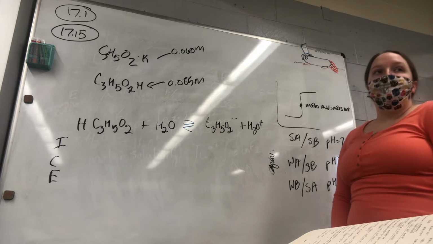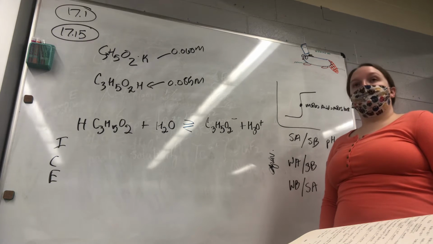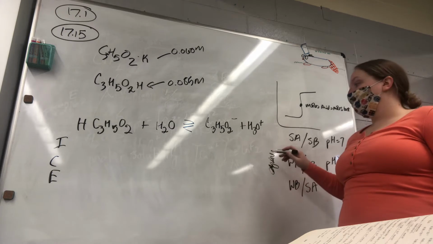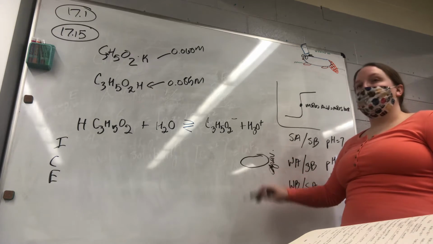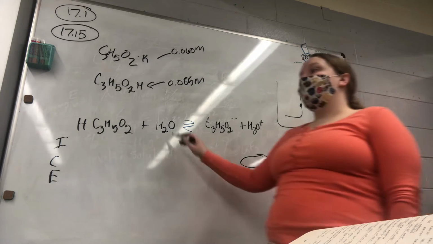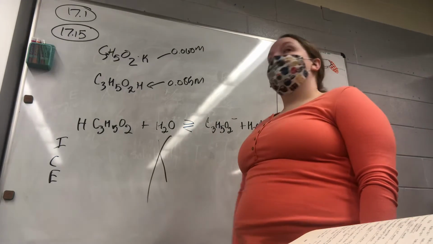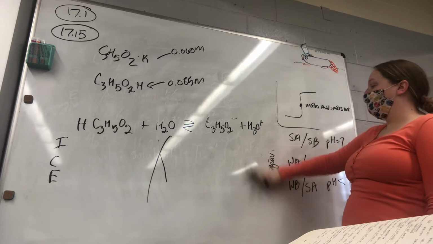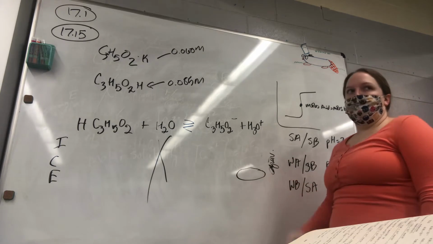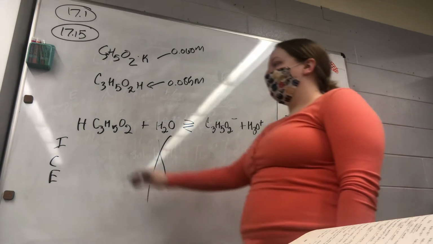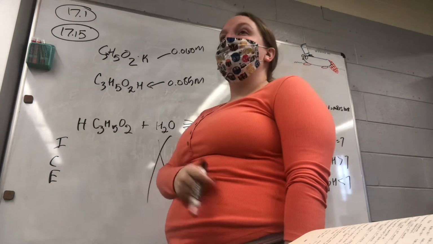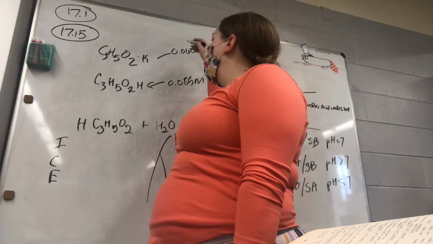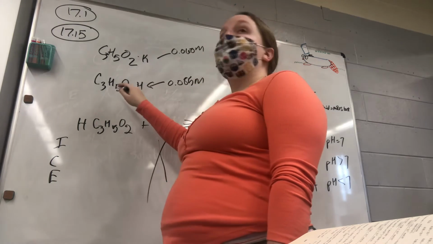In order to do pH with this, what do we need? Of all these four things, what do we need? I need this guy, right? Does this one matter? Nope. Equilibrium. Sorry, is mine. All right, what are we going to do next? Let's plug in what we know. We're given initial information. This one's the acid.